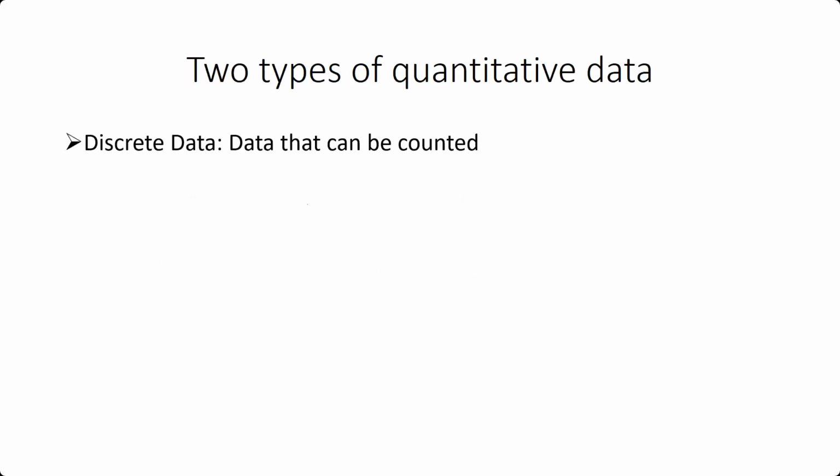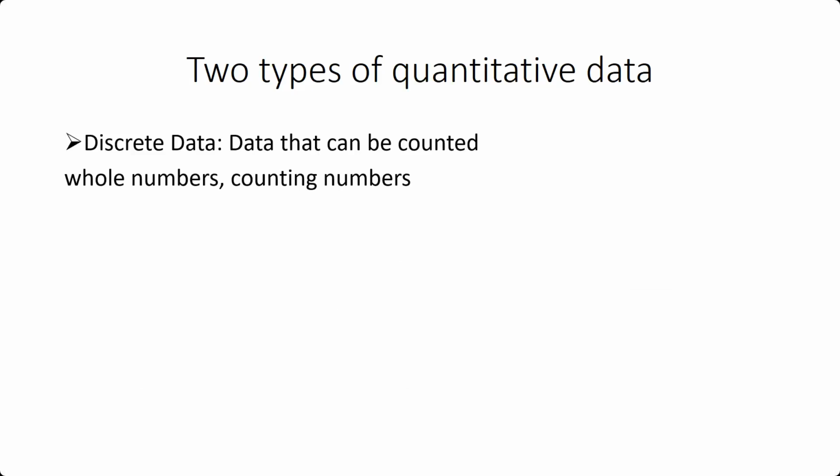There are two types of quantitative data. There is discrete, and you can count the number of people in this classroom. They are whole numbers or counting numbers. So discrete data is data you can count. The number of pets you have.